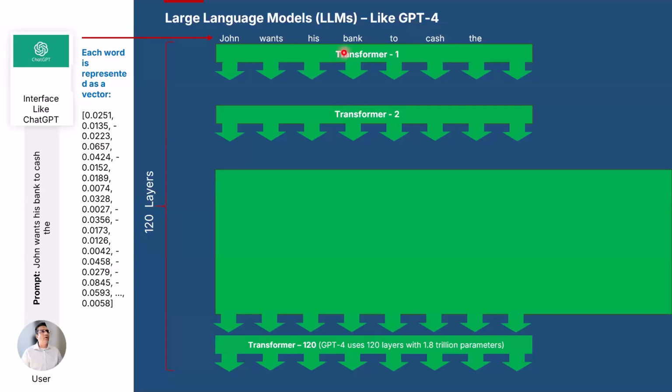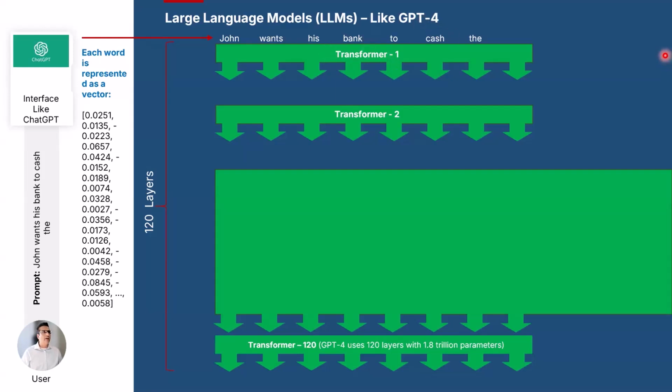Now, GPT-4 has many layers of these transformers. There are 120 layers of transformers in GPT-4. So my prompt went to transformer number 1 in GPT-4. Now, what did transformer 1 do?